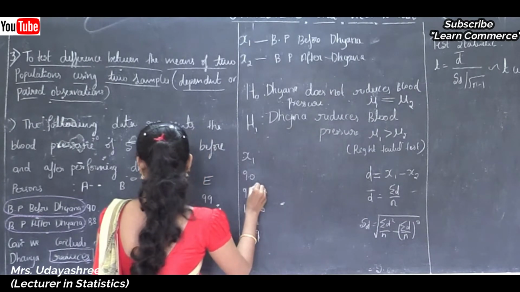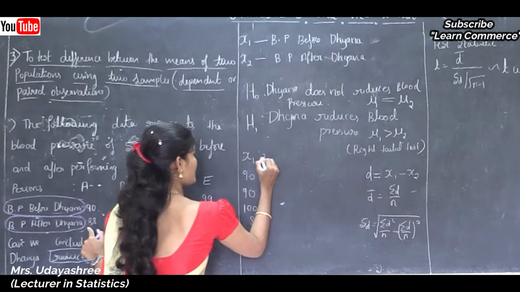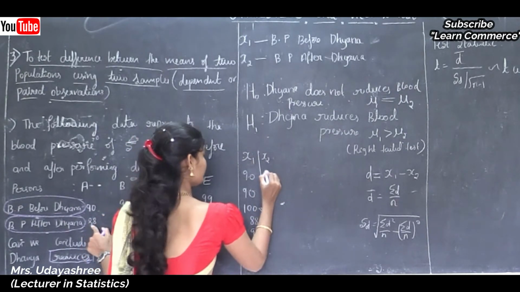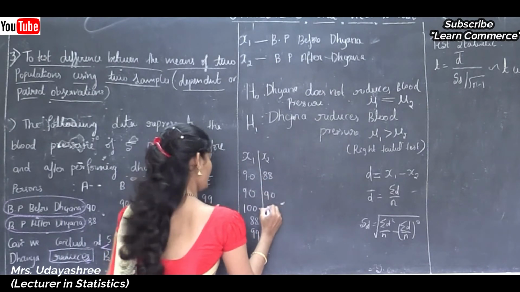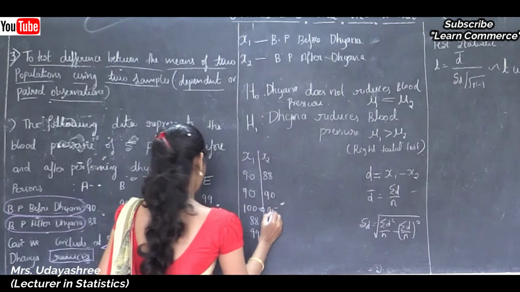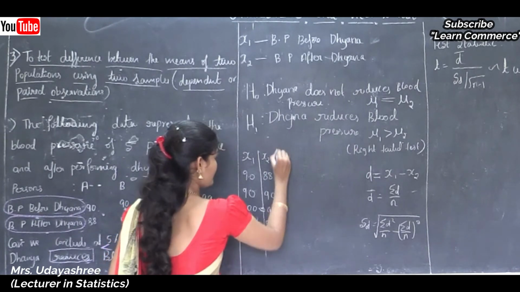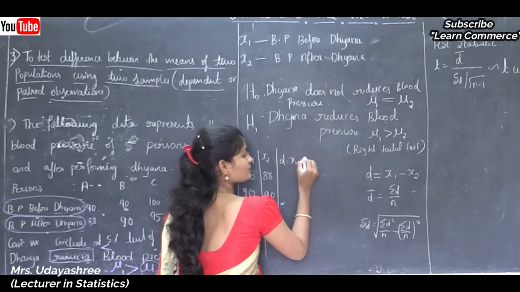See 90, 90, 100, 88 and 99. The next observations are 88, 90, 95, 90 and 96.